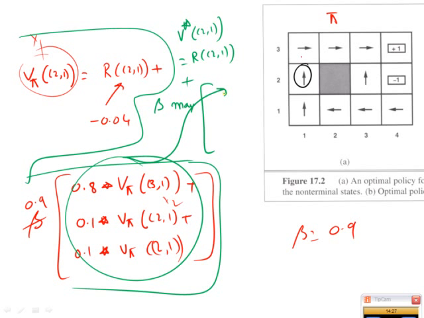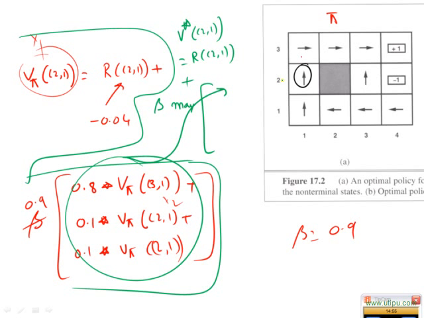And similarly, I need to write an equation for going down, another for going left, another for going right. Do you see what I'm saying? So I will have a max of multiple equations with unknowns still. That's the Bellman equation. You get that, right? Okay.